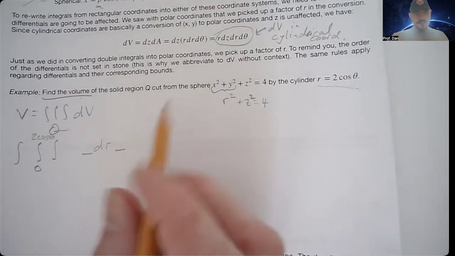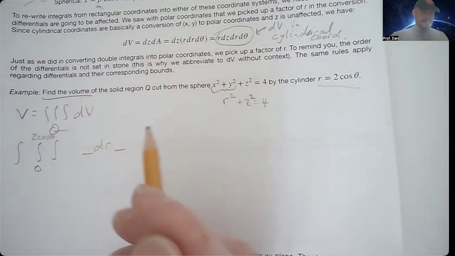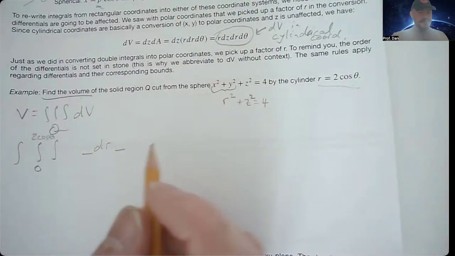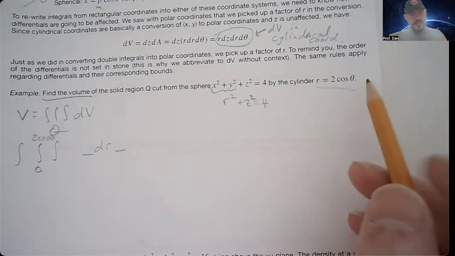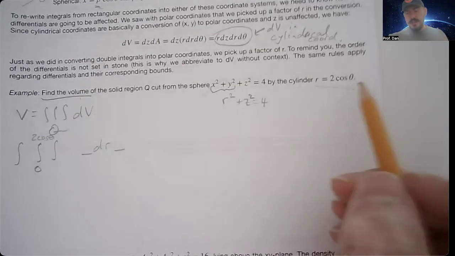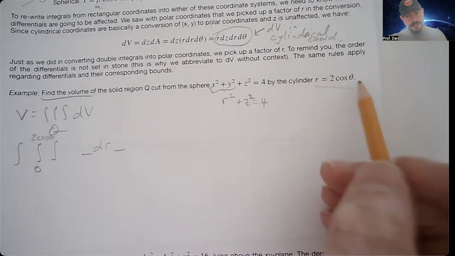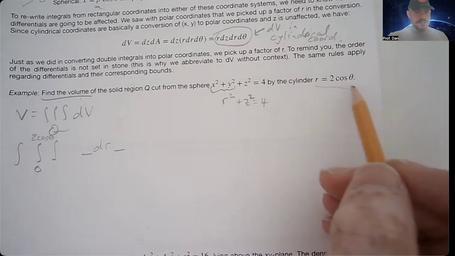I will say that for this one, the theta part is probably going to be the easiest, right? And we have to remember something that I warned you should be comfortable with. r equals 2 cosine theta. If I were looking at that on a polar grid, what range of theta would be needed to trace this entire shape out?